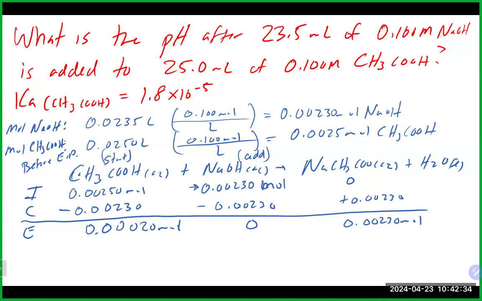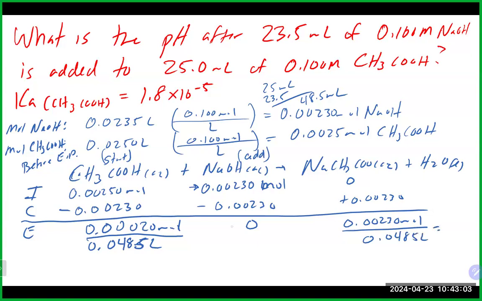We want our total volume. So at this point, we started with 25 milliliters. We added 23.5 milliliters. So that looks like 48.5 milliliters, if I'm not mistaken. So we're going to divide everybody here by 0.0485 liters.